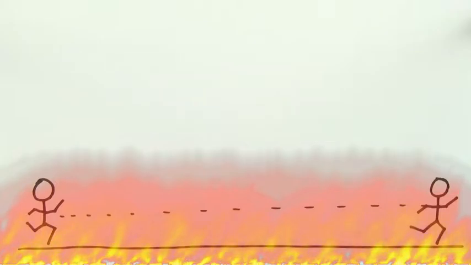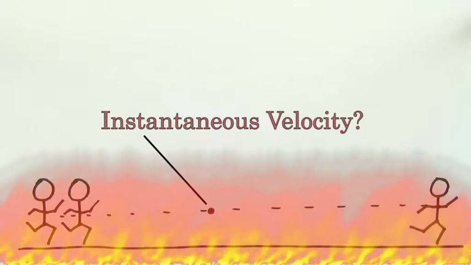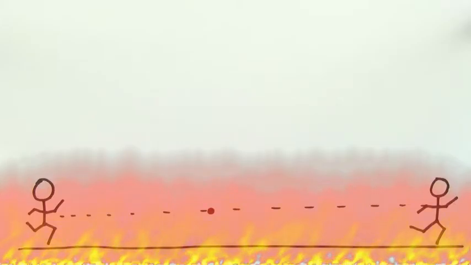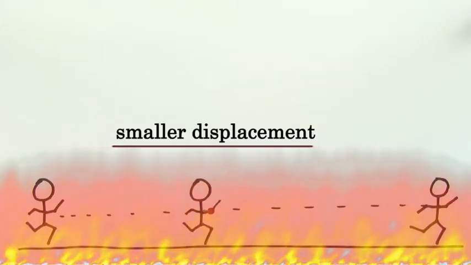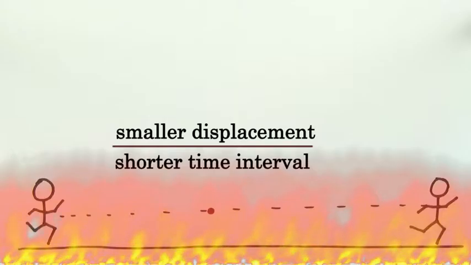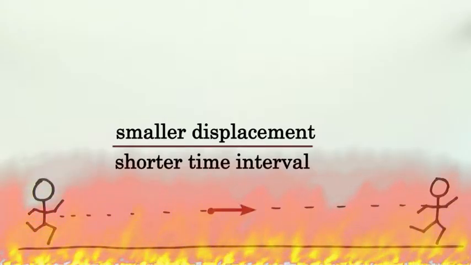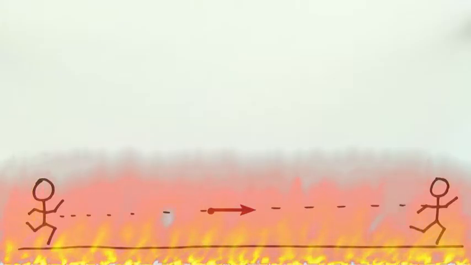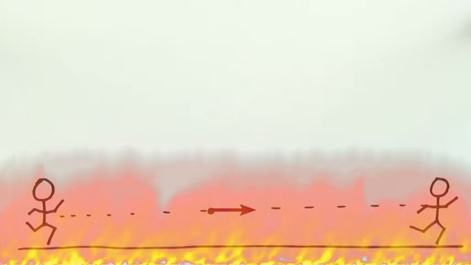Say you wanted to know the instantaneous velocity at a particular point in time during this trip. In that case, you'd want to find a smaller displacement over a shorter time interval that's centered at that point where you're trying to find the instantaneous velocity. This would give you a better value for the instantaneous velocity, but it still wouldn't be perfect.